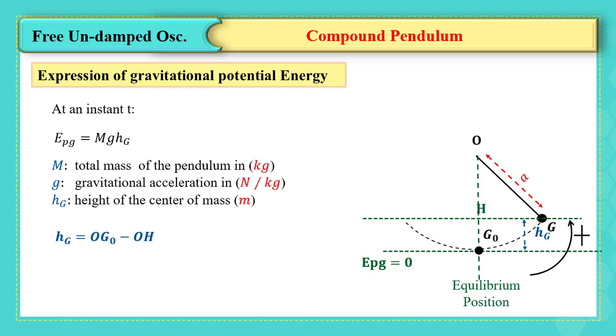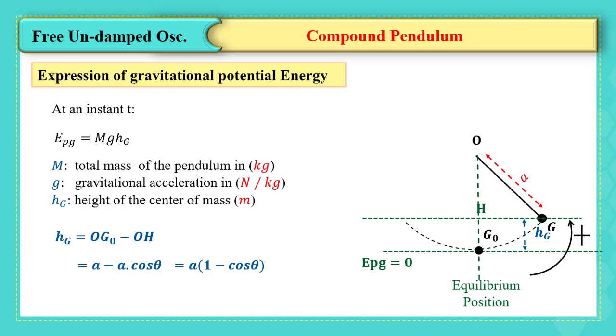In the triangle OHG, we can find OH as a cosine theta, because OH over OG is cosine theta, and OG is a, so a times cosine theta is OH. Then HG equals a minus a cosine theta, thus a into (1 minus cosine theta).